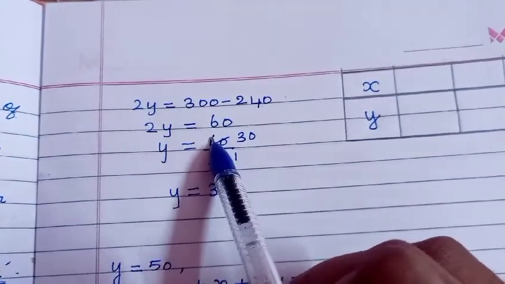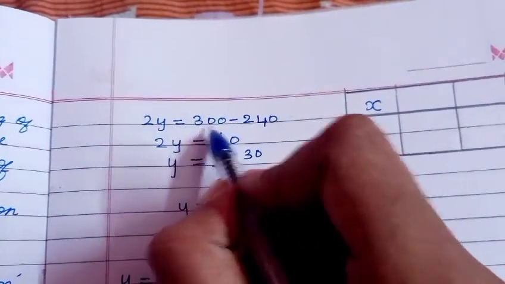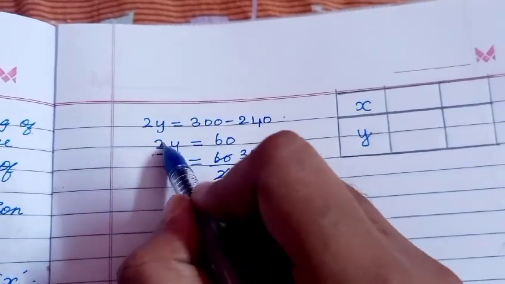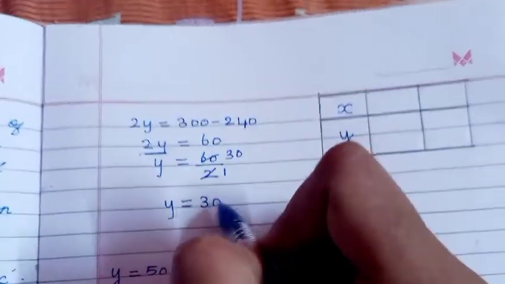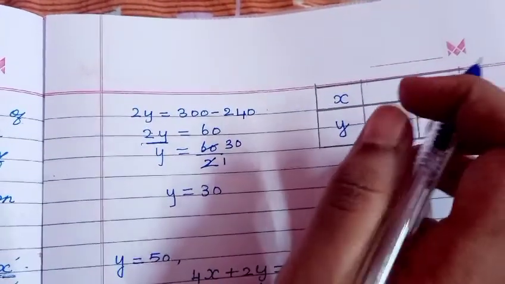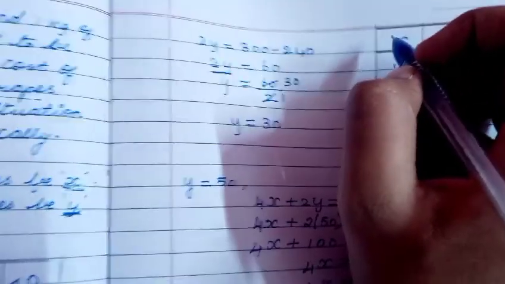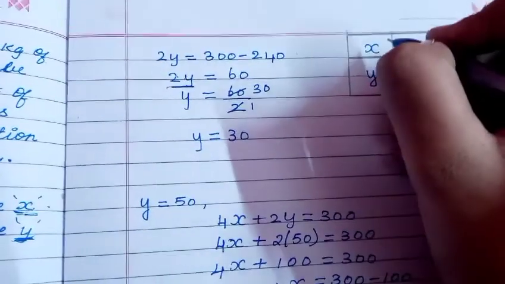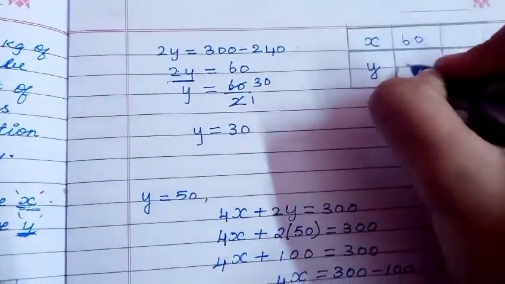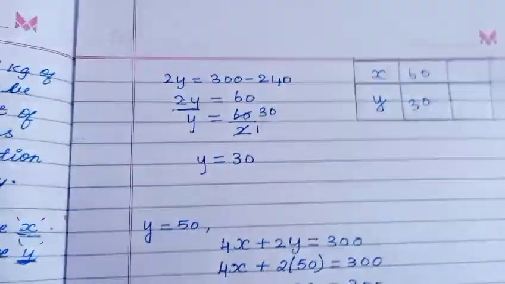When you subtract 240 from 300, you get 60. Now 2 times y is multiplication, so when you transpose it, it becomes division. So 60 divided by 2, you get 30. So when I take x as 60, my y value is 30.